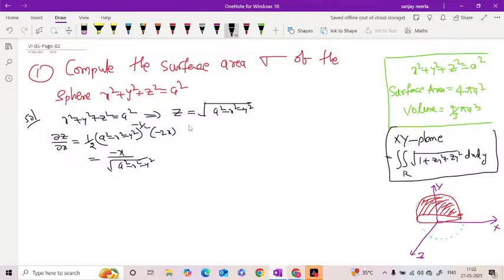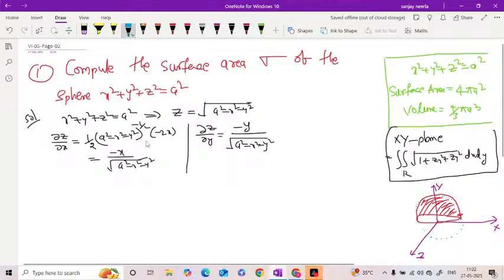Similarly, dou z by dou y, because I am taking the xy plane, will be minus y by under root of a square minus x square minus y square. And what is the formula? The surface area is sigma and double integral, but we want only the half.